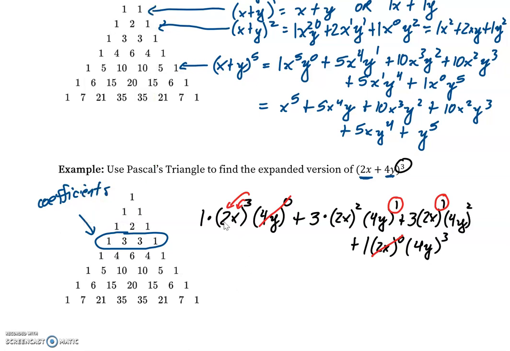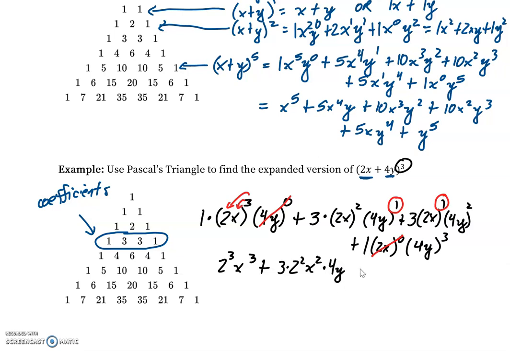So here's how this is going to look. We're going to say, all right, the first term looks like 1. Okay, that doesn't do anything. Times 2 cubed times x cubed times 1. Okay, so that's fine. The next thing looks like 3. And then the square here we're going to distribute. So times 2 squared times x squared. And then we have times 4y to the first, but that's just going to be 4y.